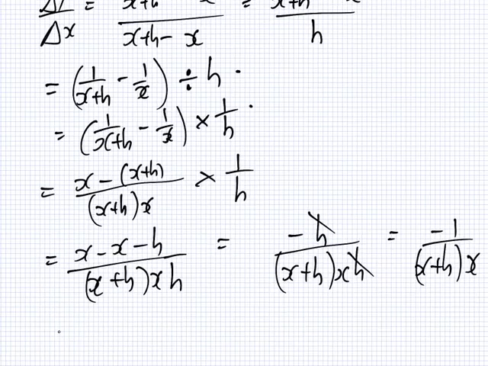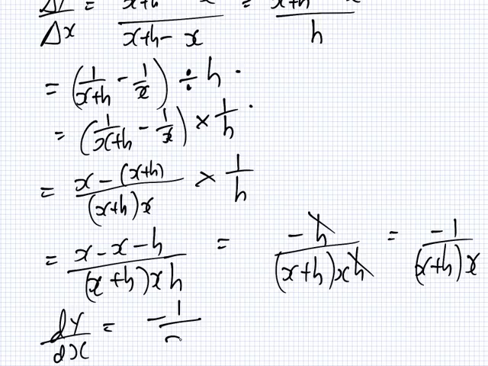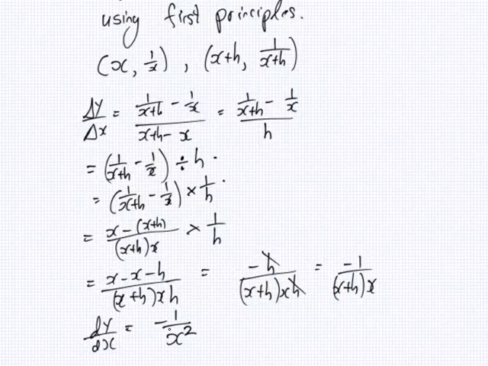So finally, I make the h go to 0, and what am I left with? Minus 1 over x squared. So this is the derivative here. We'll leave it like this.